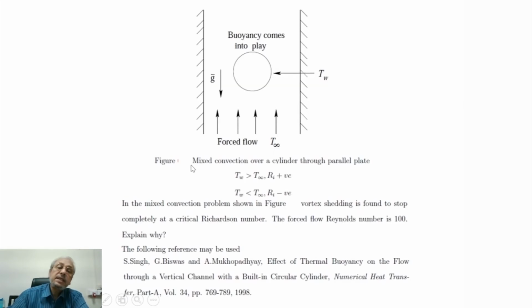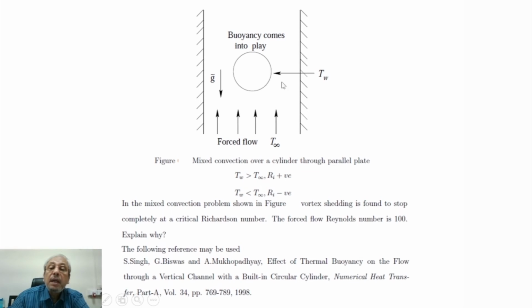Then we can discuss another very interesting situation. This is basically a forced flow, but not at a very high velocity, and the corresponding Reynolds number is within 100, but the temperature difference may be very significant: the temperature of the cylinder and the temperature of the flowing fluid.